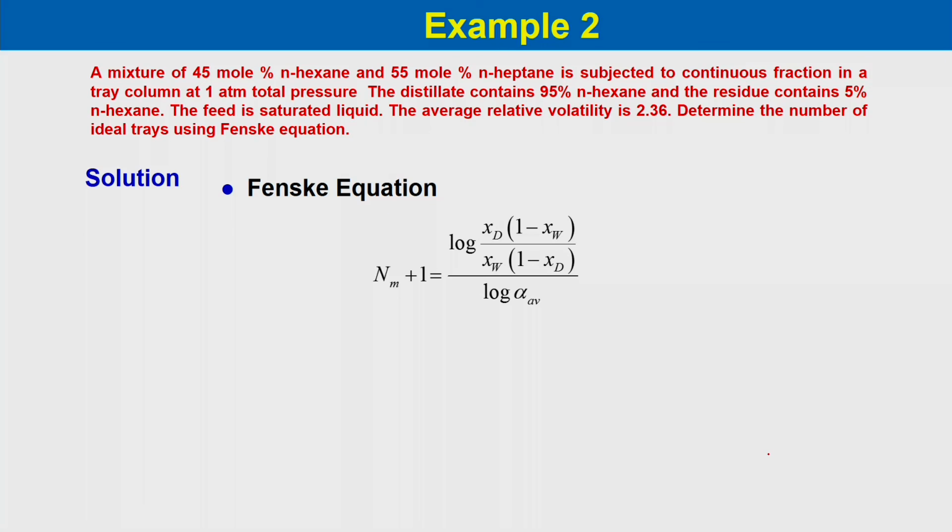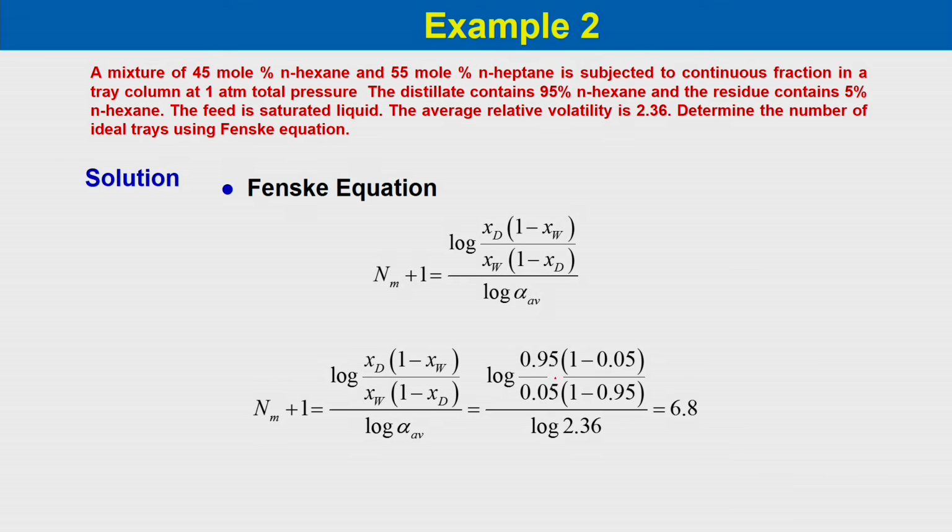Fenske equation, we can write N_m plus 1 is equal to log of x_d into 1 minus x_w divided by x_w into 1 minus x_d, divided by log alpha average. If we substitute the values, for x_d is 0.95, for x_w is 0.05 and for alpha average is 2.36, and calculate, it will give 6.8.